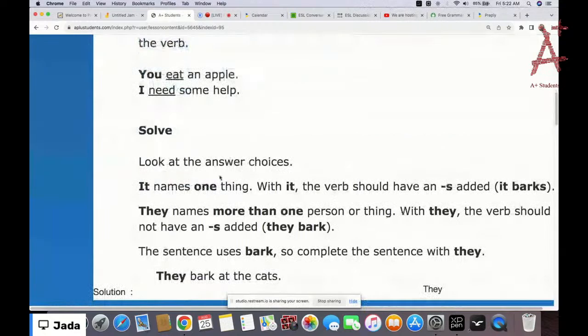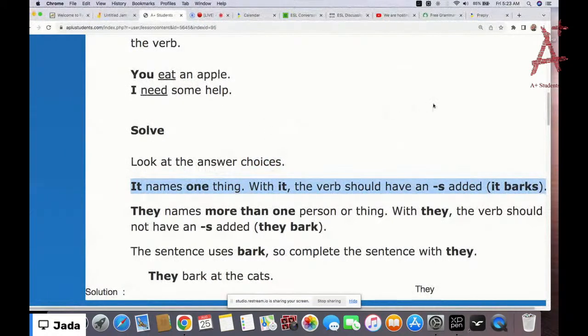Now look at it. It names one thing. With it, the verb should have an s added. It backs. So if it names one thing, maybe the cat, showing that it's only one cat, you know that it's going to be singular.